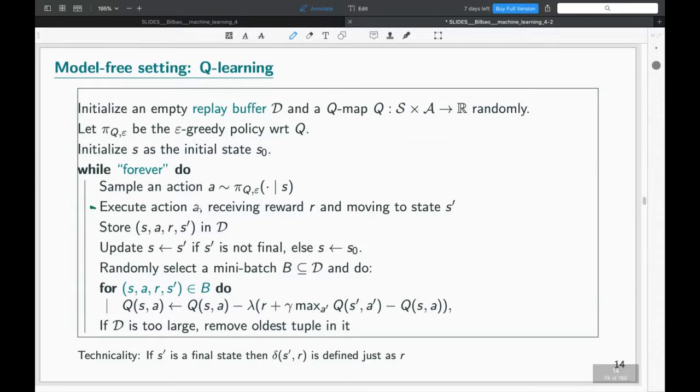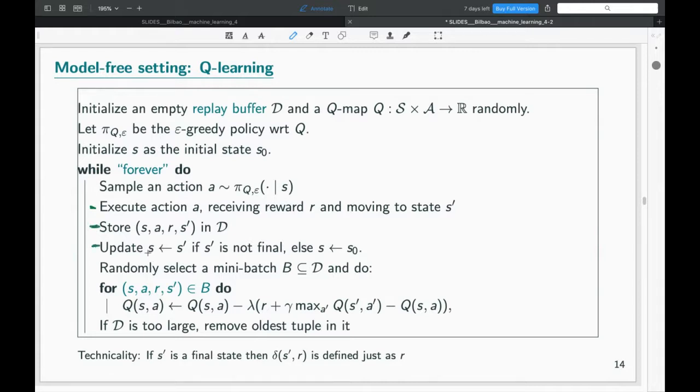Then you execute action A, you receive a reward R, and the environment moves to state S prime. So then you store this information in your replay buffer: the state you were in, the action you took, the reward you received, and the new state.